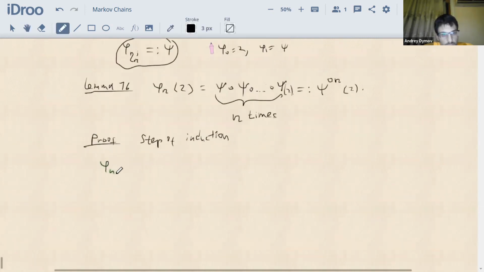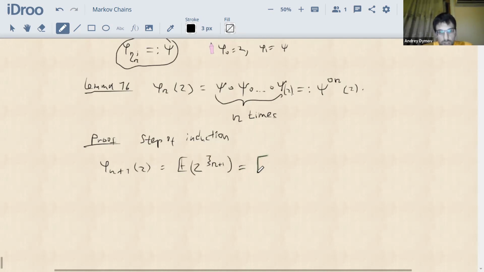So phi n plus 1 of z is the expectation of z to the power psi n plus 1. Psi n plus 1, I recall, is the size of the population at the moment of time n plus 1.